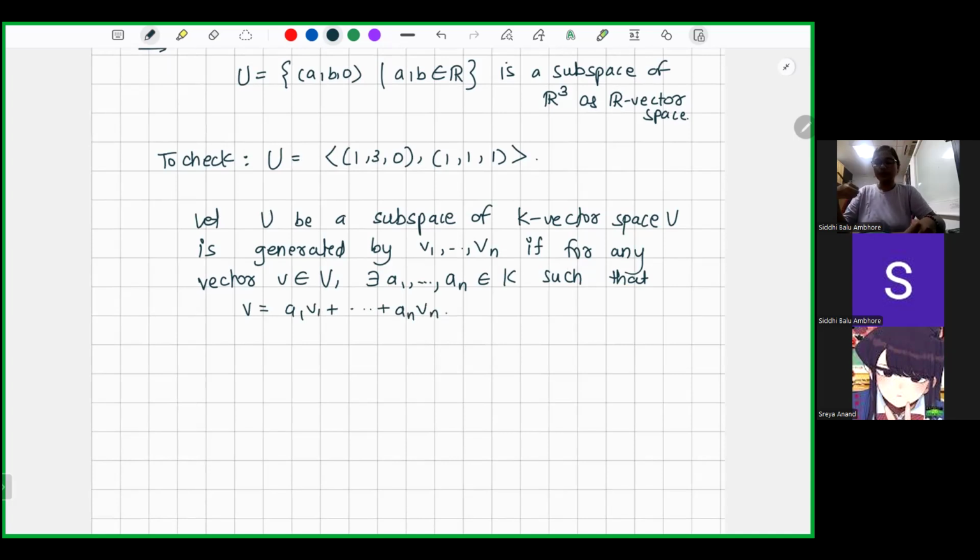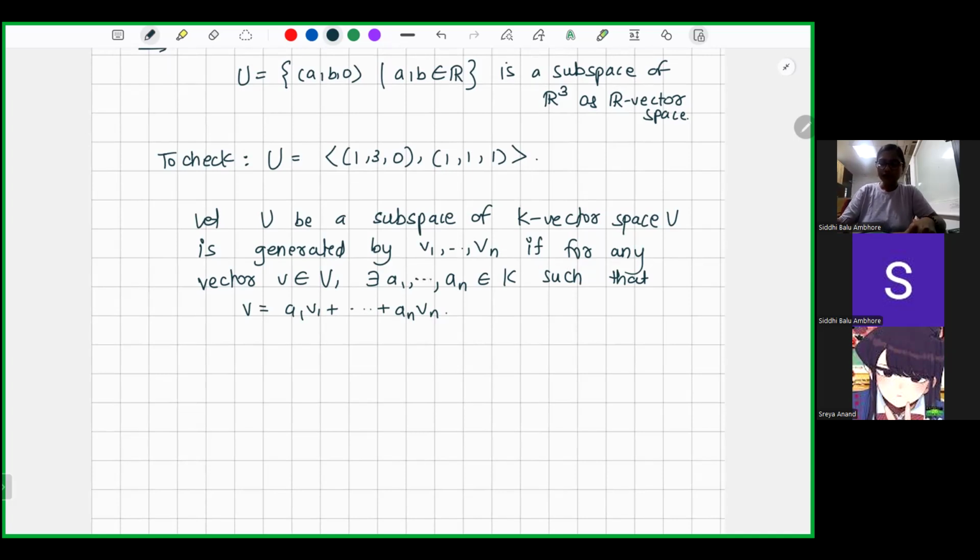And when v1 to vn generate the whole space V, then we call the set a generator of the vector space V. V itself is a subspace of V, and when the set generates the entire V, we call it a generator of V.